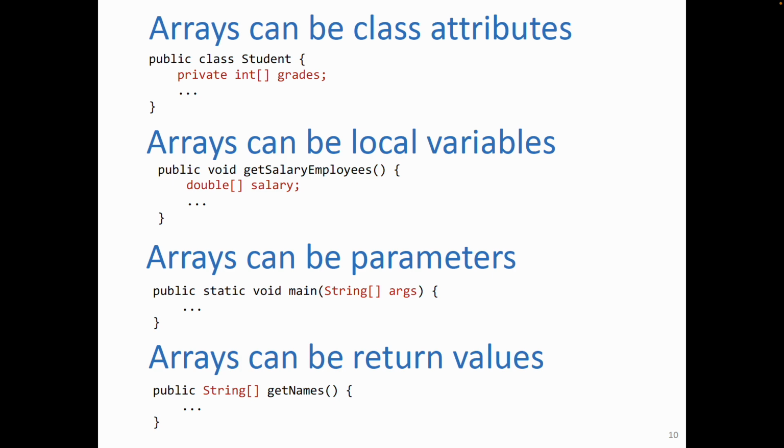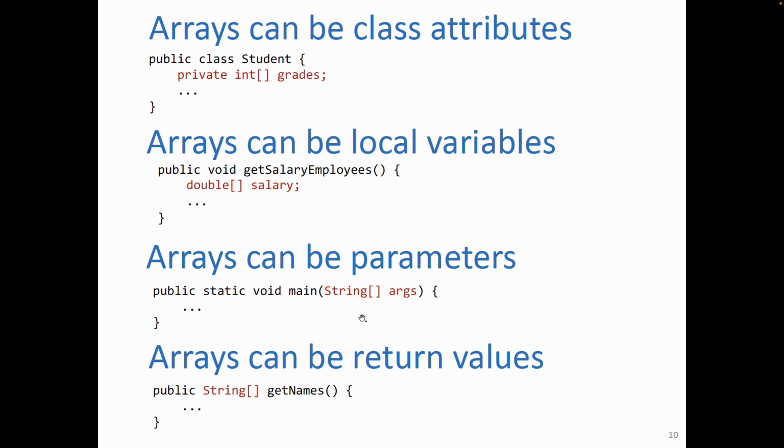Or maybe in a class, I define a class object, and in a class object I need an array of students. So I can create a student object as an attribute for a class object, for a classroom object. It can be a local variable. So in a function, like get the salary of employees, and I want to keep them in an array. So this is also possible.